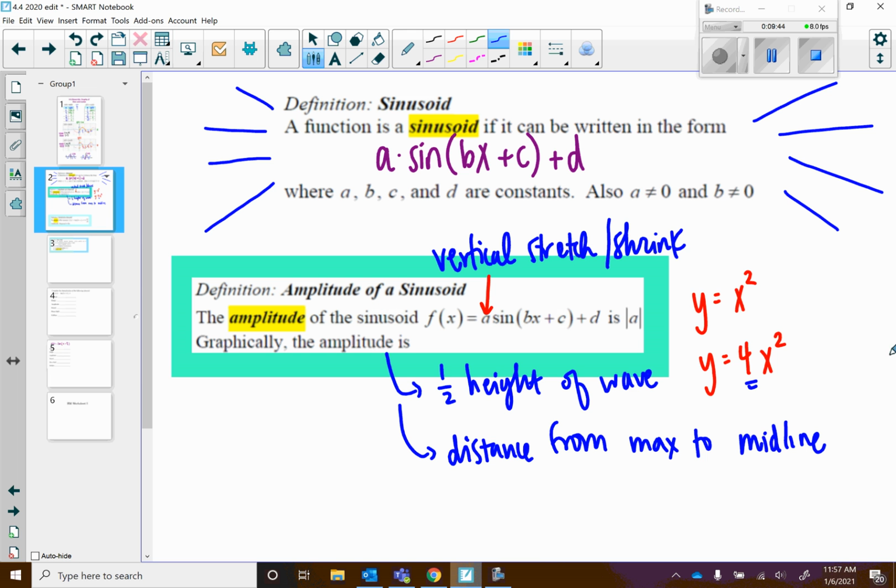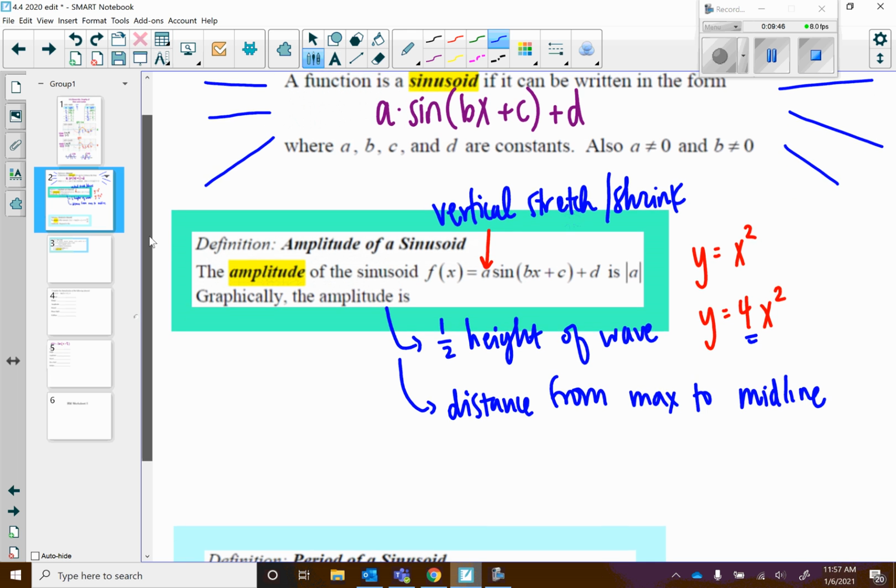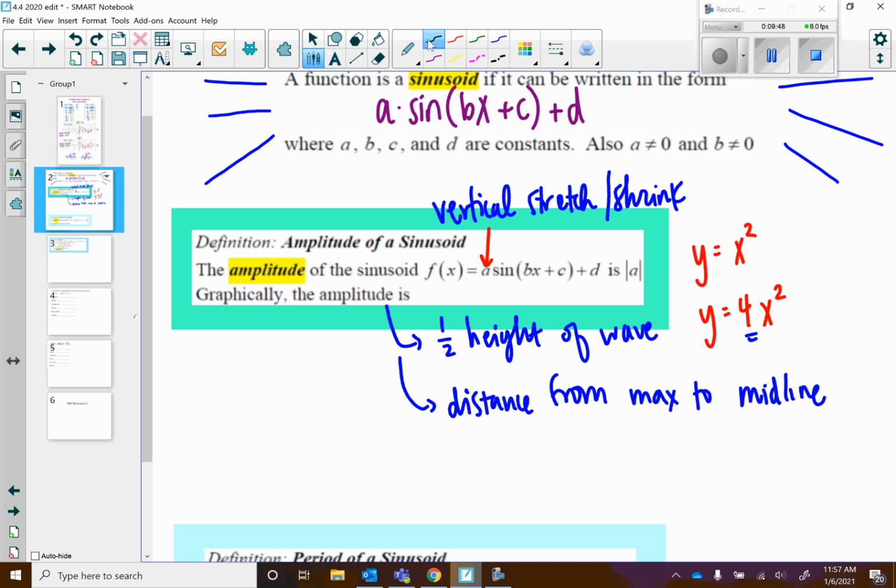What does this look like graphically? Let me show you. So if we have y is equal to sine of x, I know just offhand that that is our parent function, right? It goes up to 1 and down to -1.